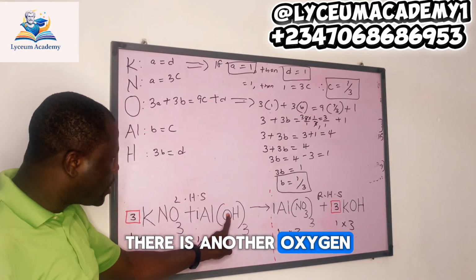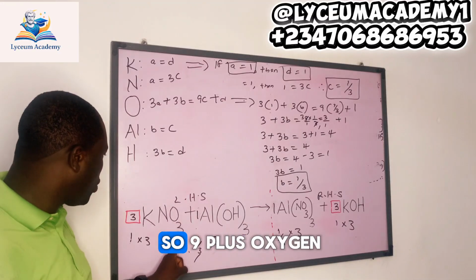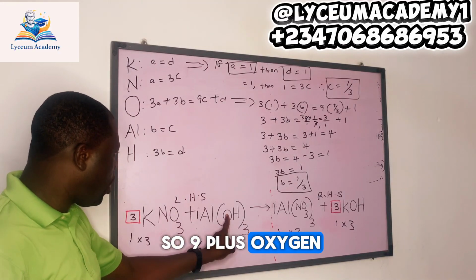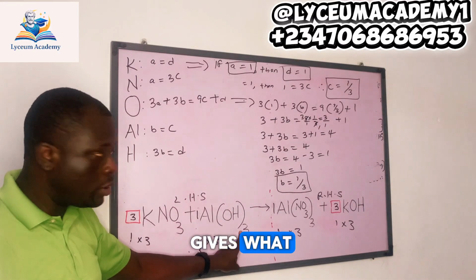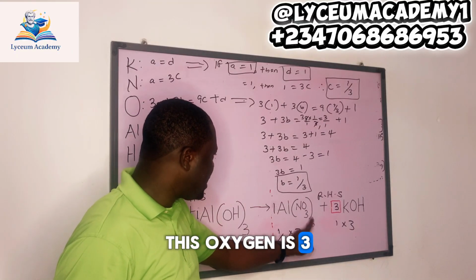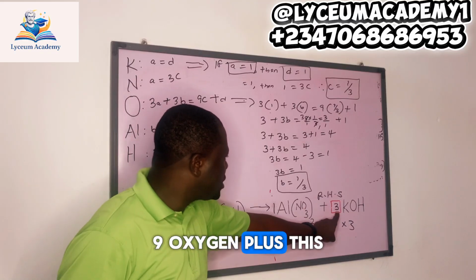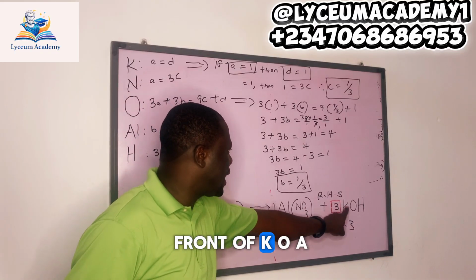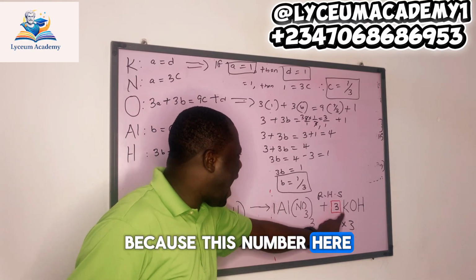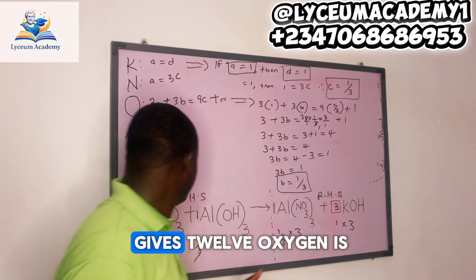There is another oxygen here which is being affected by this 3. So you add it: 9 plus 3 gives 12. You come back here. This oxygen is 3. There is 3 outside. 3 times 3, 9 oxygen, plus this 3 that is in front of KOH, because this number here affects every single element here. So 9 plus 3 gives 12.